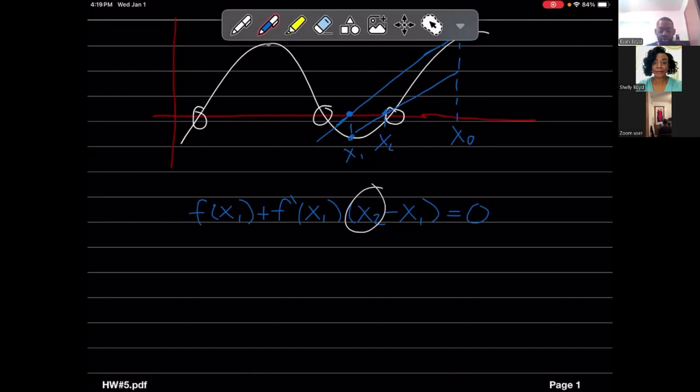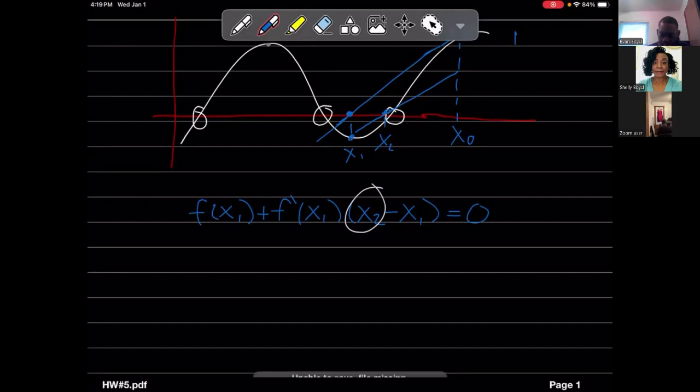Our first iteration was from our guess to x1, so x1 is our initial point, and then x2 is the next point we obtain.